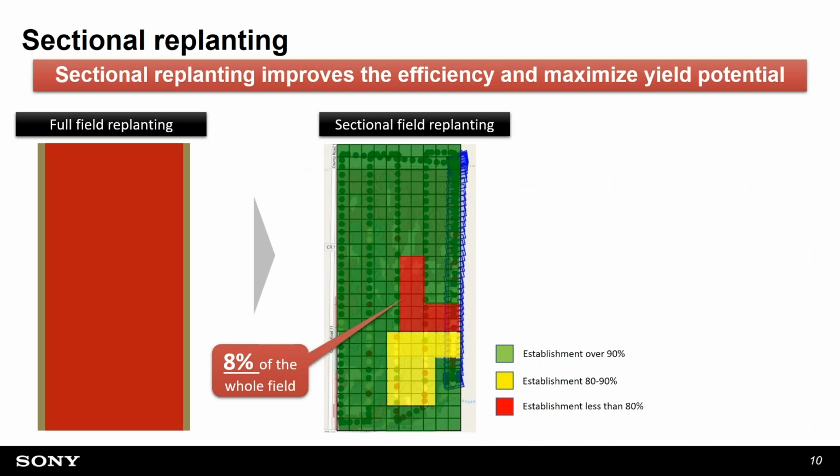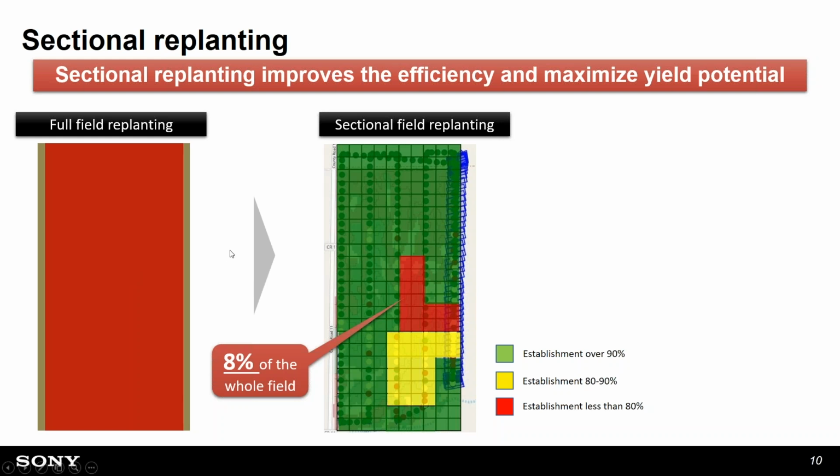So the concept to make it more efficient is sectional replanting. When you replant the full field, it takes the same time as the planting.